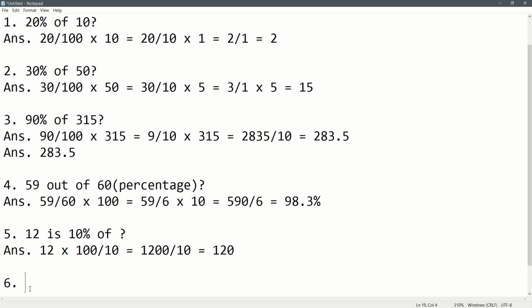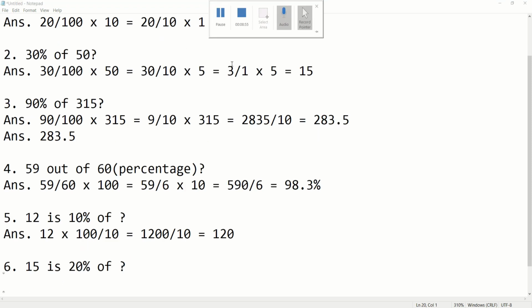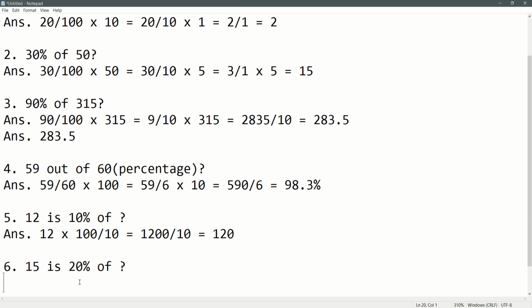Okay, now another one I'm having. So 15 is 20%, for example I'm taking, and we'll be typing in over here answer. 15 multiplied by 100 upon 20 this time.